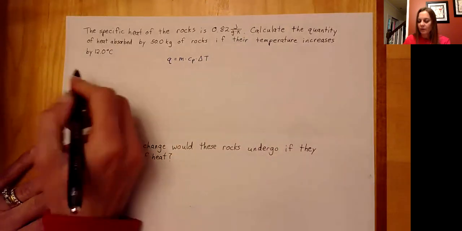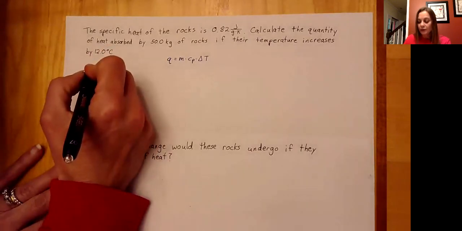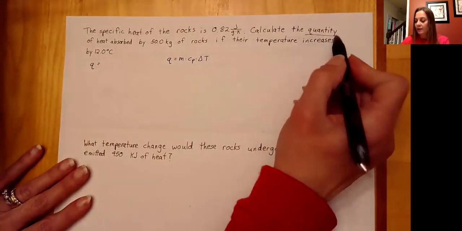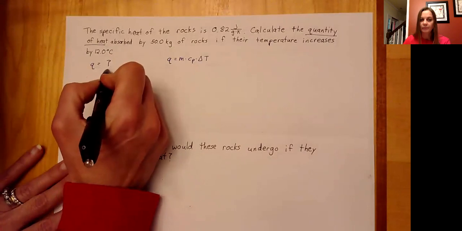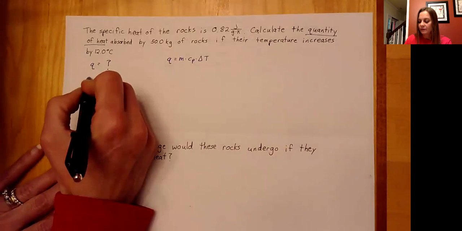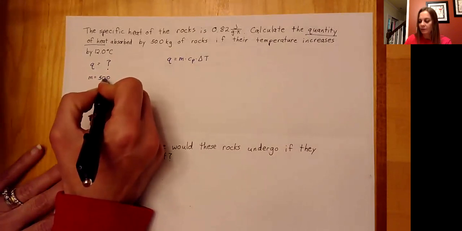And now over here to the side, I'm going to write down all of the things that I know and what I'm trying to find. So I know that I'm being asked to find the quantity of heat. So Q is the thing I'm looking for. And I know that the mass is 50.0 kilograms.